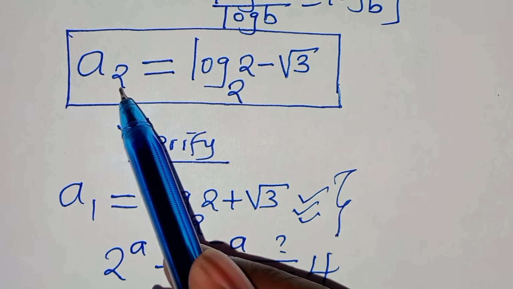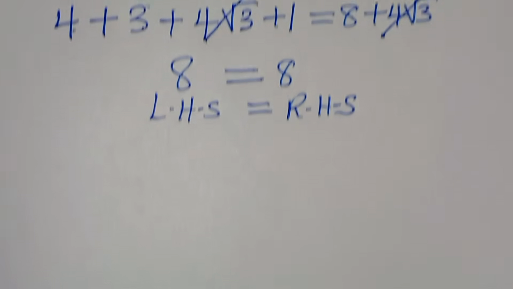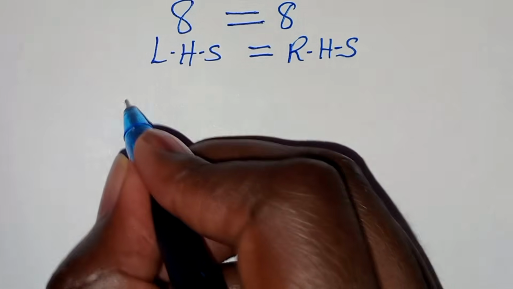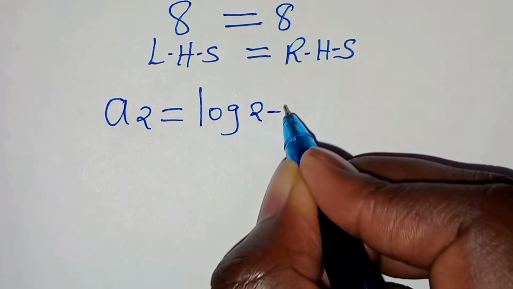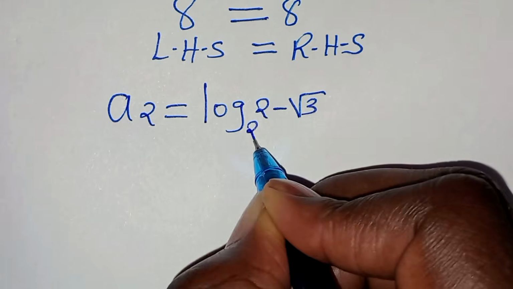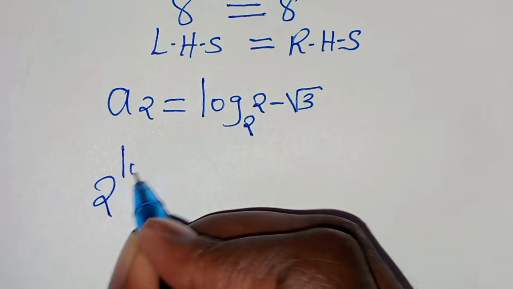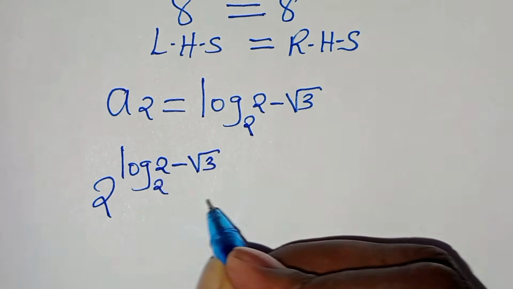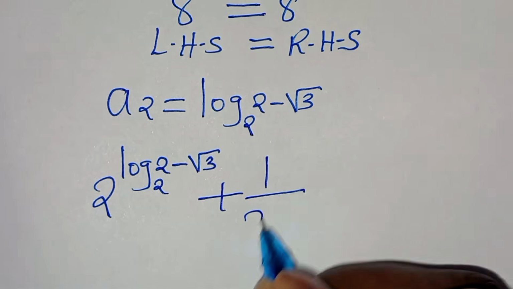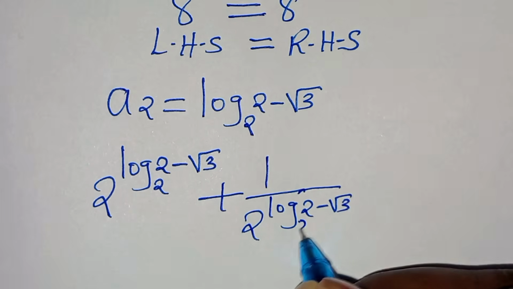Now, let's check A2, which is log of 2 minus square root of 3 to base 2. So A2 is equal to log of 2 subtract square root of 3 to base 2. Now, we have 2 to the power of log of 2 minus square root of 3 to base 2 plus 1 over 2 to the power of log of 2 subtract the square root of 3 to base 2.